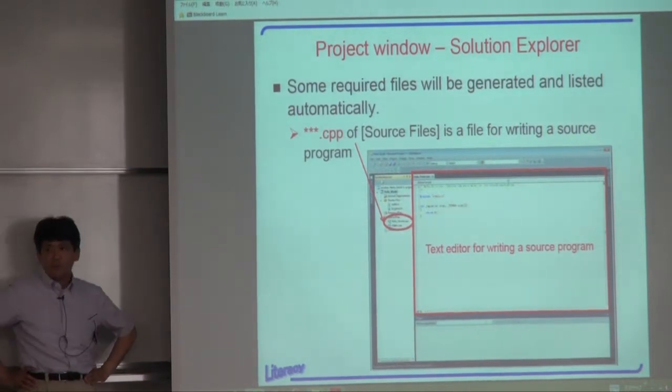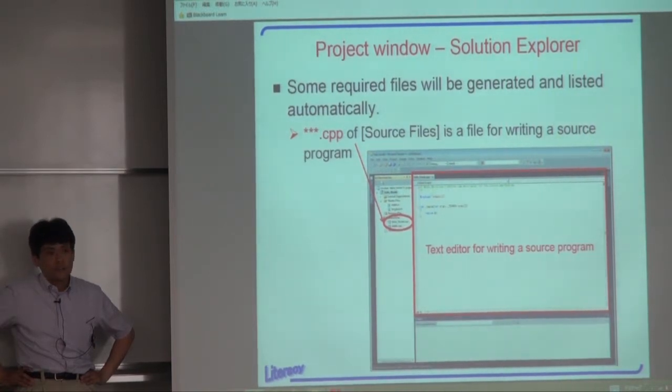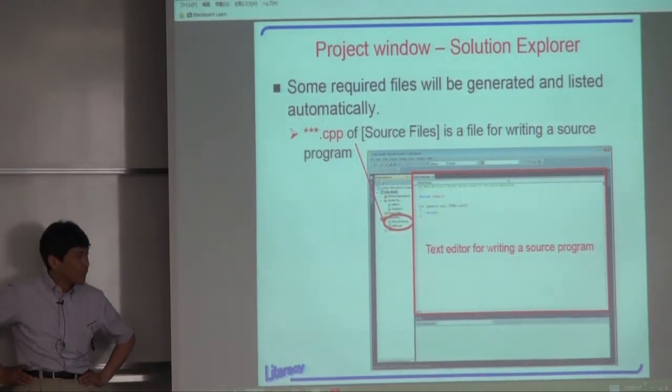Do you know the C++ language? Recently, object-oriented programming languages are very common. C++ is such a programming language, one of the object-oriented programming languages, especially extended from the C language.